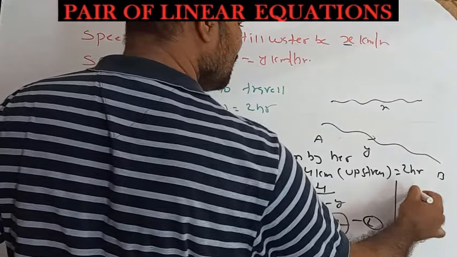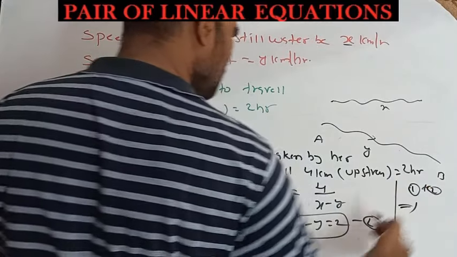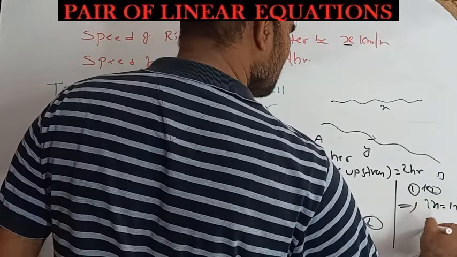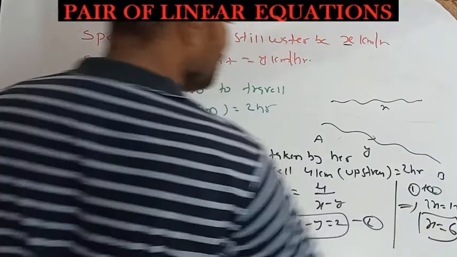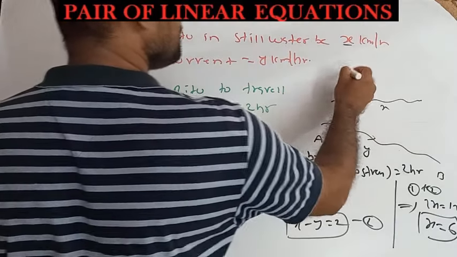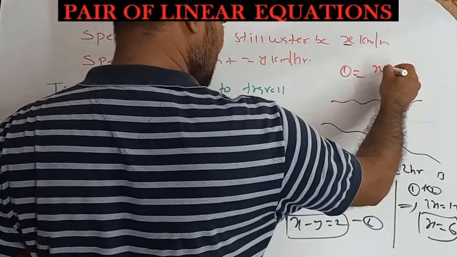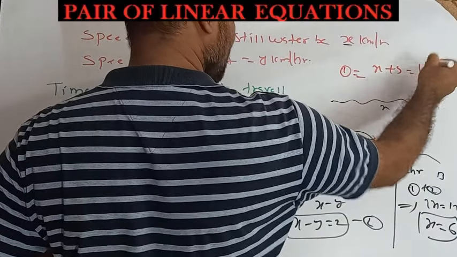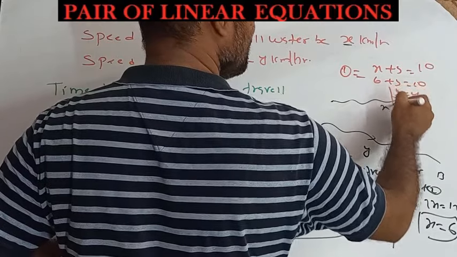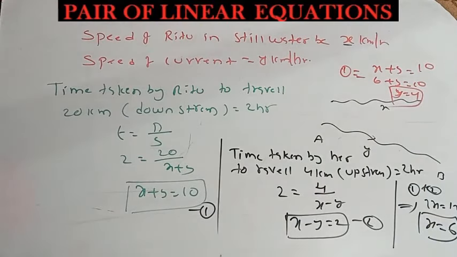So directly adding 1 and 2, y gets cancelled. 2x = 12, x = 6. So the speed of Ritu in still water is 6 kilometers per hour. Now you want to find the speed of the stream, y. Take the first equation: x + y = 10, 6 + y = 10, y = 4. So the speed of the current is 4 kilometers per hour and the speed of Ritu is 6 kilometers per hour.